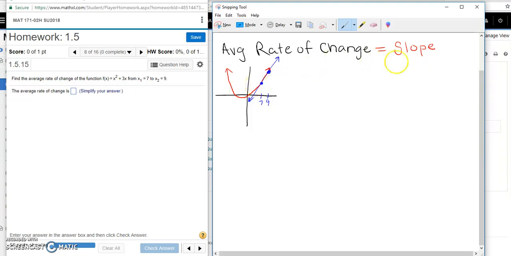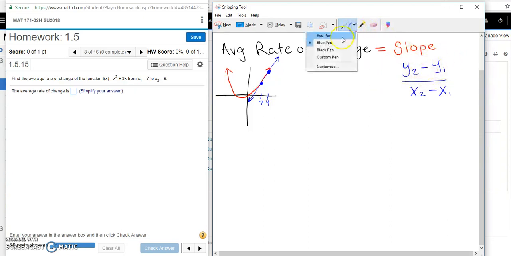So the deal is, since it is slope, we're still going to use the slope formula. But the issue here is the problem only gave us x values. All we have here is x1 and x2. They didn't give us the y values that we need.